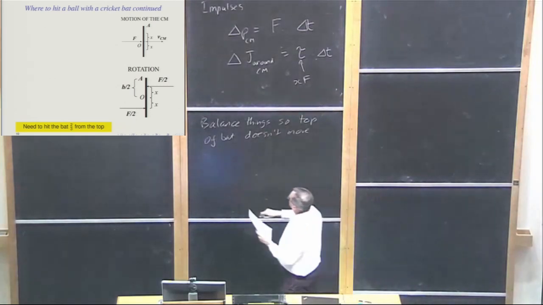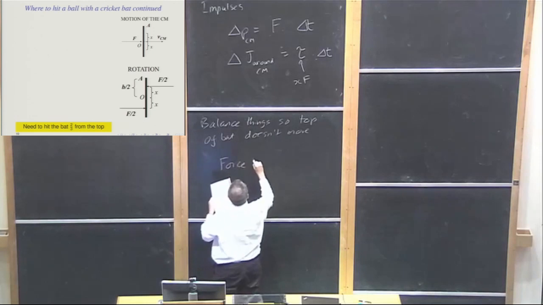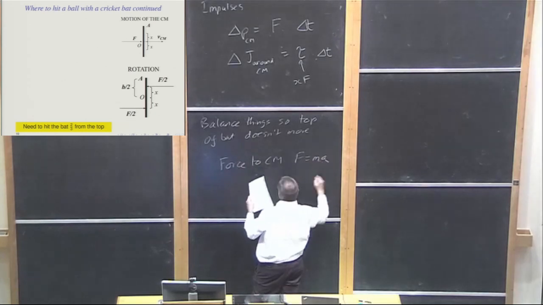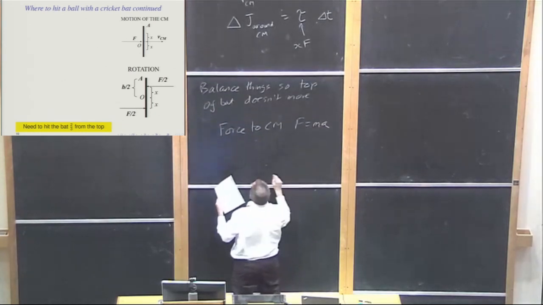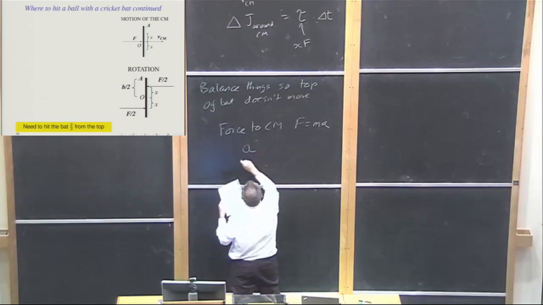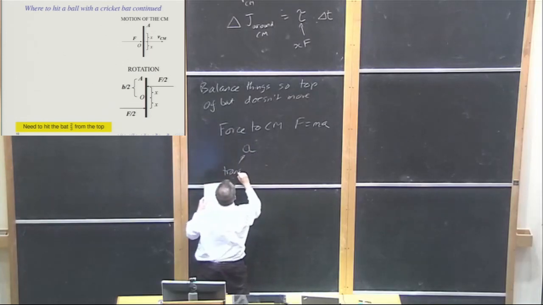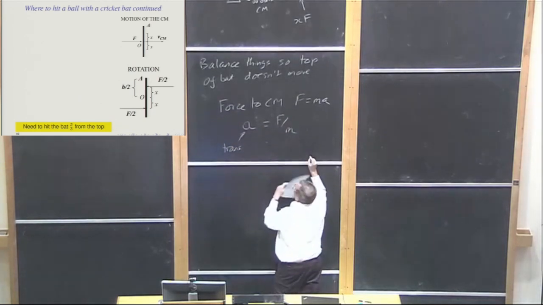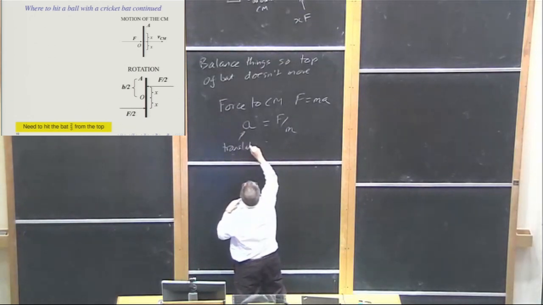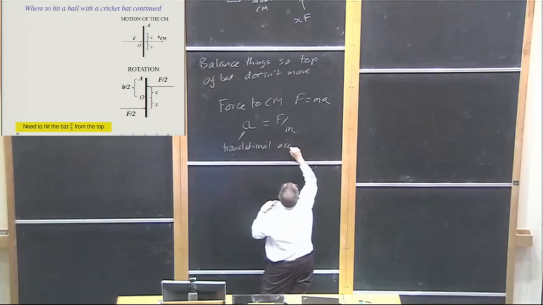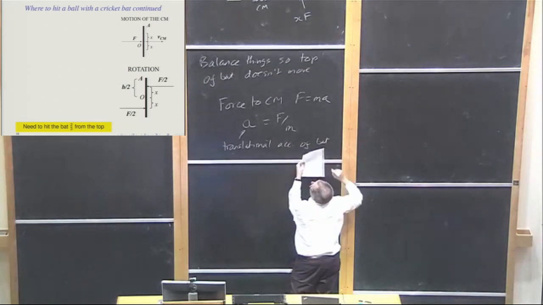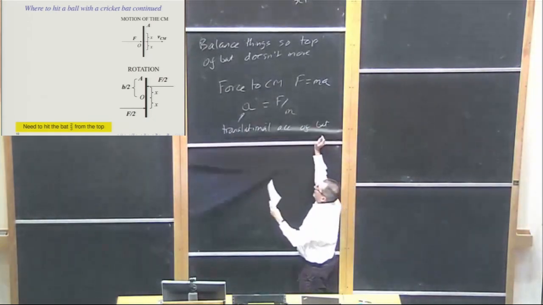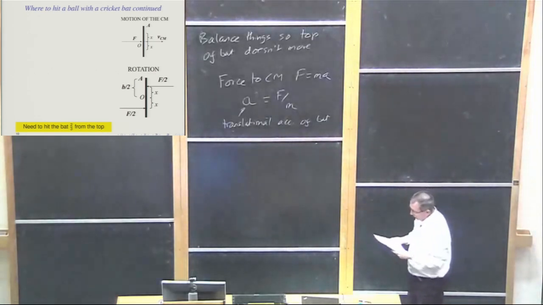The force to the center of mass is just given by F equals ma, where m is obviously the mass of the bat. So the acceleration, and this is the translational acceleration, of course, is equal to F over m. This is the acceleration of the bat. The center of mass moves with that acceleration, and of course the whole bat moves with the center of mass.